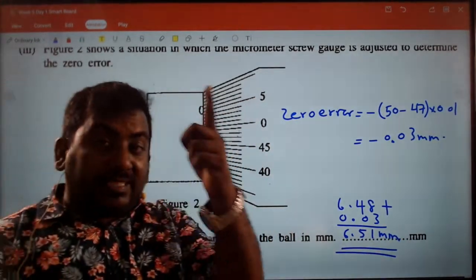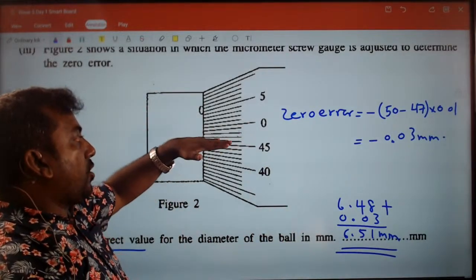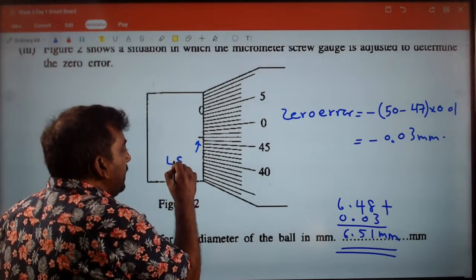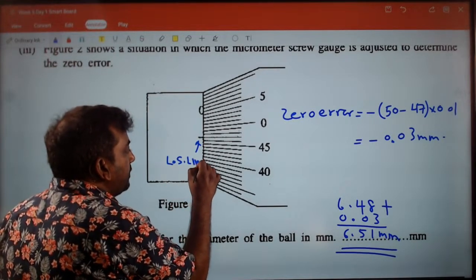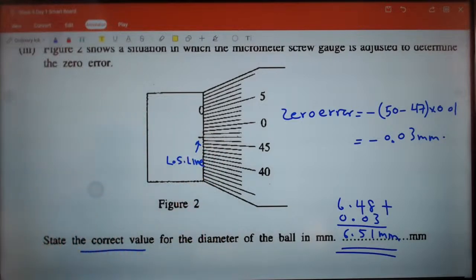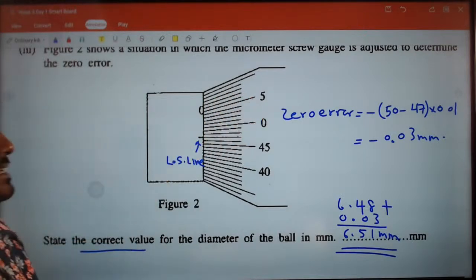Negative zero errors are added right there. If the circular scale 0 is above the linear scale line, this is your linear scale line, we say there is a negative zero error.